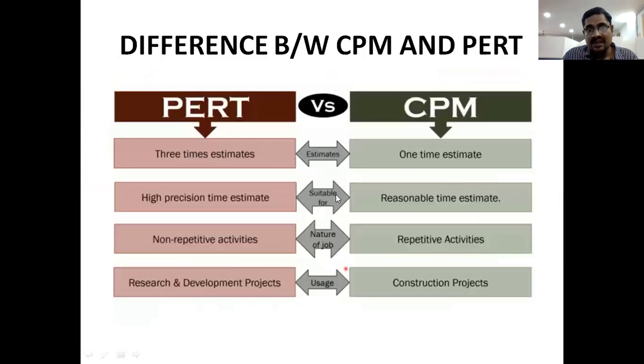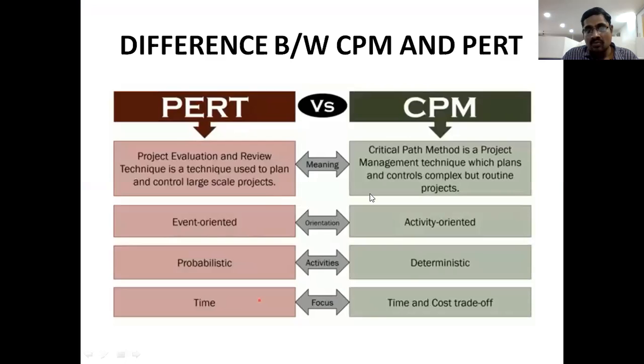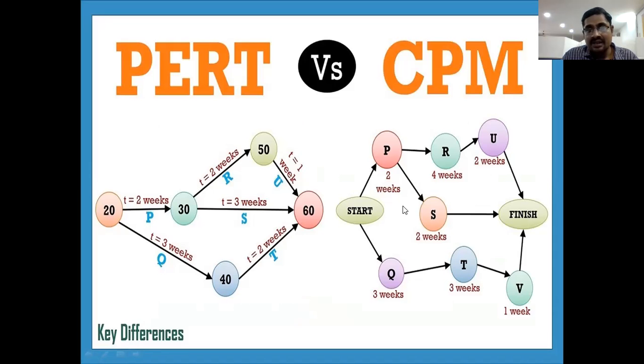So all these points you can see in these two diagrams, right? Activity-based, event-based; time and cost estimated here, only time estimated here. It is deterministic, it is probabilistic.